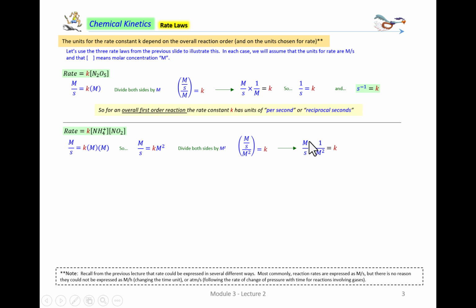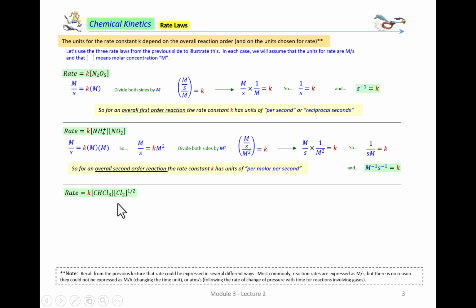One of the M's cancel, and we'd have 1 over seconds times M. And we would write that typically as M to the minus 1 times S to the minus 1. So for an overall second order reaction, the rate constant K has units of per molar per second. May sound strange, but that's how it's typically said. And algebraically, you can see how we express that.